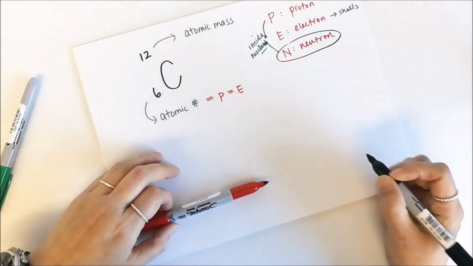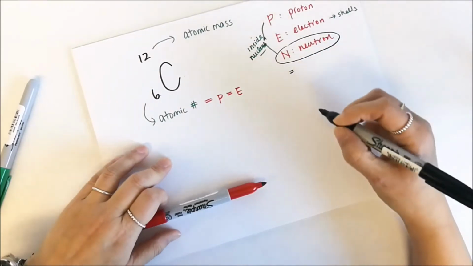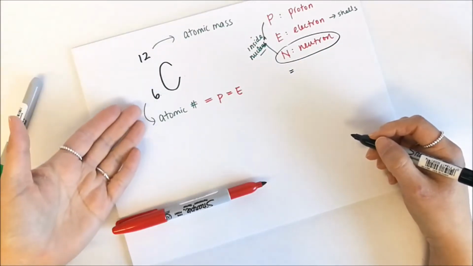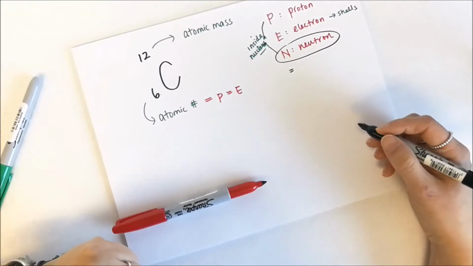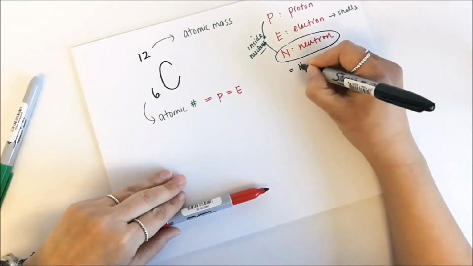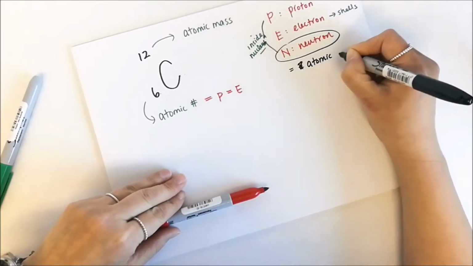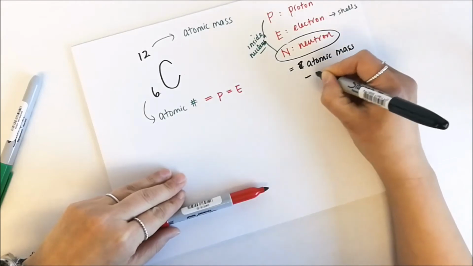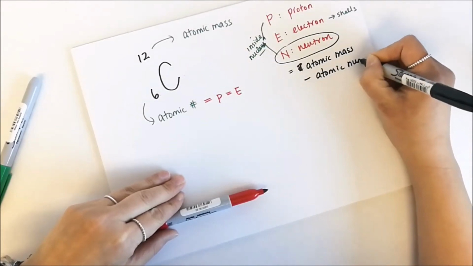So basically, to calculate the neutrons, we actually need to do a calculation. There are only 2 numbers here, and the calculation is subtracting. We're going to take the atomic mass, and we're going to subtract the atomic number from it.